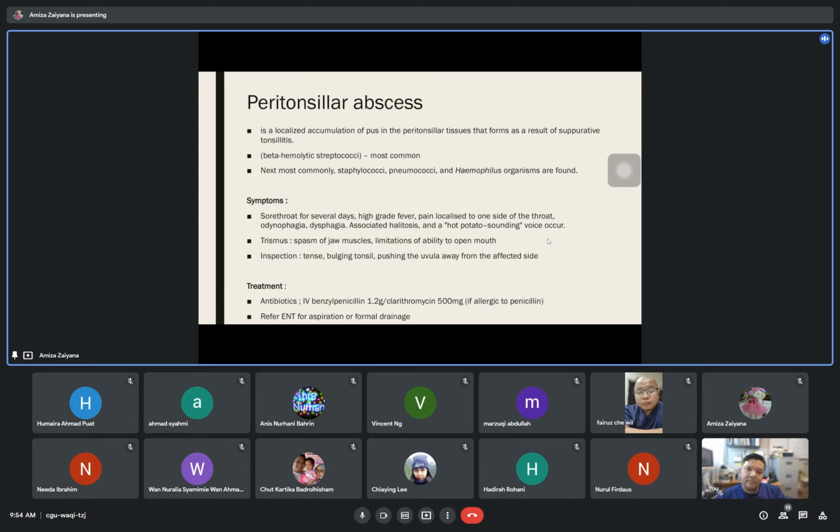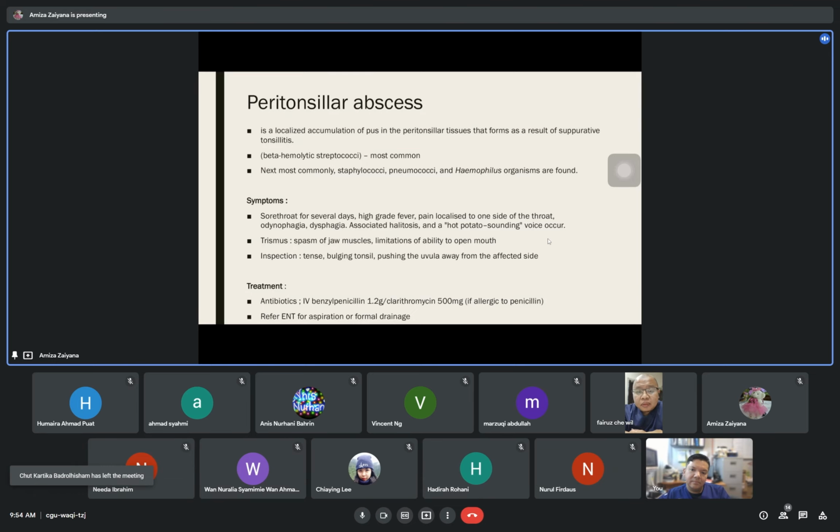Patient can also have trismus, which is a spasm of the jaw muscle, limitation of ability to open the mouth. On inspection, we can see tense and bulging tonsil pushing the uvula away from the affected side. For treatment, we can give IV benzylpenicillin 1.2 gram or clarithromycin if the patient is allergic to penicillin, and then refer ENT for aspiration or formal drainage.